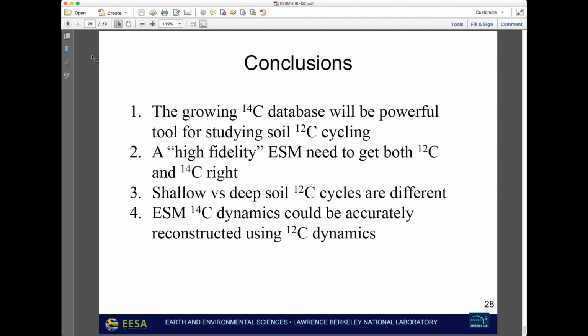Also, we see very different controlling factors at shallow and deep soil, which leads to the hypothesis of having a different z-tau parameterization, a different z-tau value for different layers. And finally, our mathematical reconstruction approach can reconstruct the 14C dynamics out of the 12C dynamics for any given Earth system model, and we hope that's going to be very helpful for CMIP6 type of analysis. That's it. Thanks.